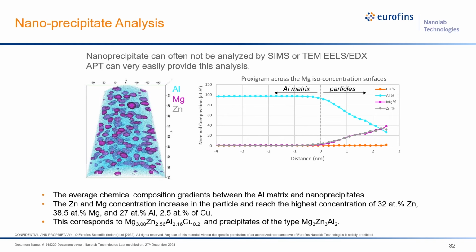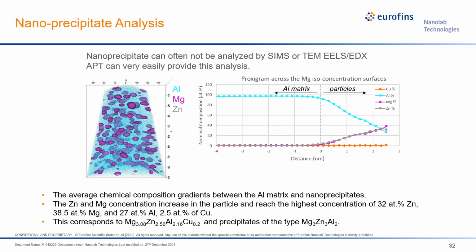So the magnesium and the zinc are distributed as nanoprecipitates within the aluminum matrix. And we can do a compositional analysis as shown here on the right, where outside in the matrix, it's primarily aluminum. But as you get into that precipitate, it's a large amount of magnesium and zinc and a small amount of copper.